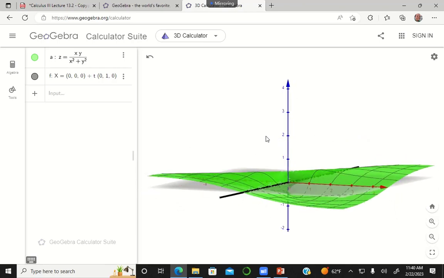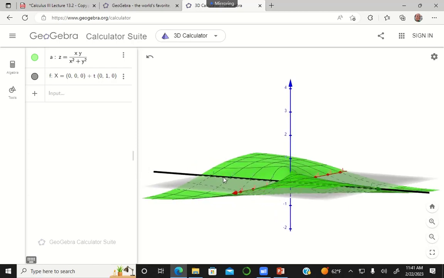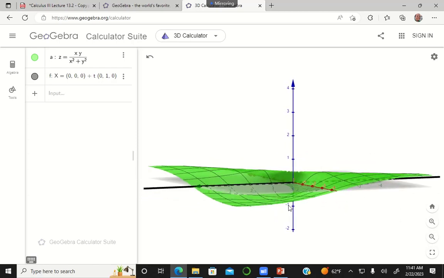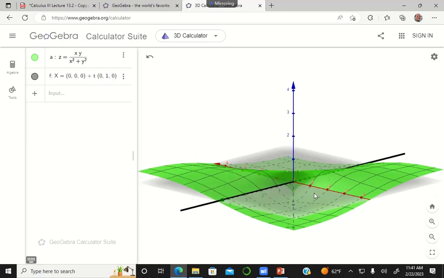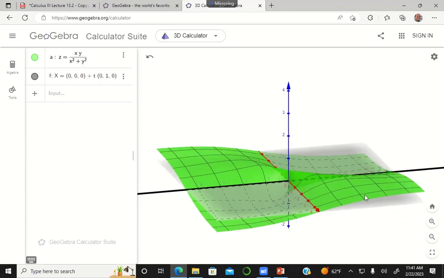And the value of z here is 0. And so as you're approaching the origin, from the left side or from the right side, all of the values are 0. And so if your sequence is 0, 0, 0, 0, 0, then the limit's 0. And that's what we found with our algebra skills.